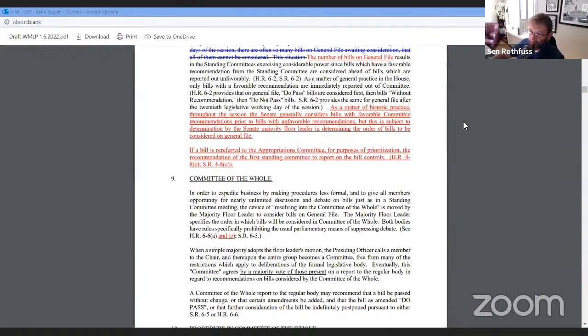In other words, this is the default position, but if the will of the body, by a vote of the majority at any given moment, takes us in a different direction, that's perfectly reasonable. That basically means the moment the body wants to change its mind and doesn't like one of these approaches, it gets to do that without having to get to a 2/3 majority rule change.